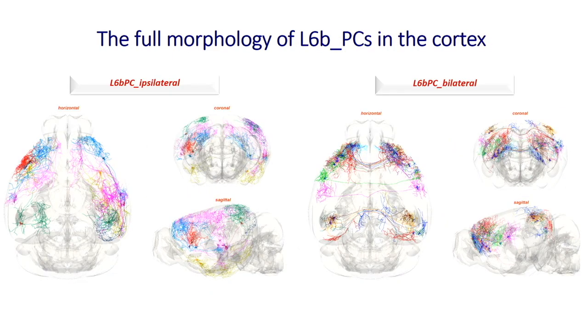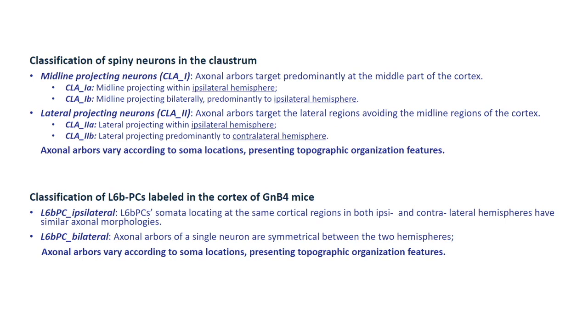The layer 6B neurons also can be classified into ipsilateral and bilateral according to their axon projection in one hemisphere or 2 hemispheres. You can also see that the axon morphology varies depending on their soma locations. So these 2 very different populations both present topographic organization features.